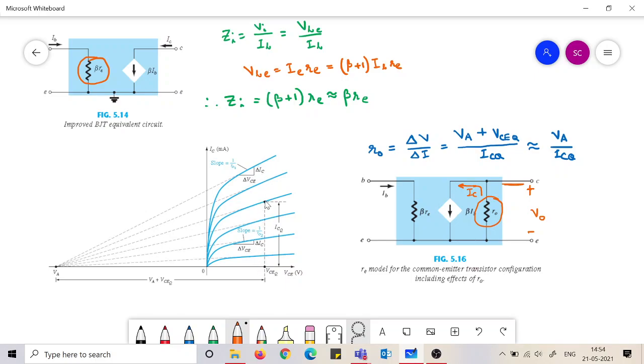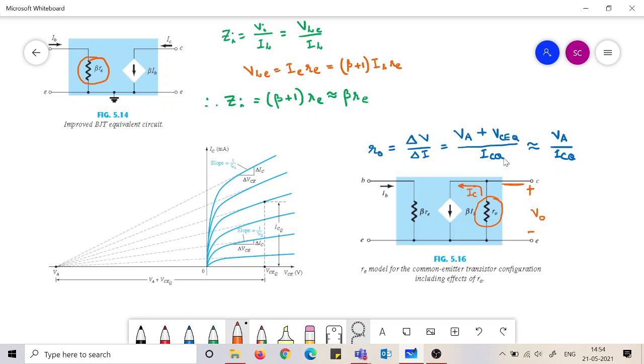You simply take the Q point, and you note what is the IC and what is the VCE. VCE will be this much only, but since this early voltage is common to everyone, you can simply add this VA to the VCE and then divide by IC.